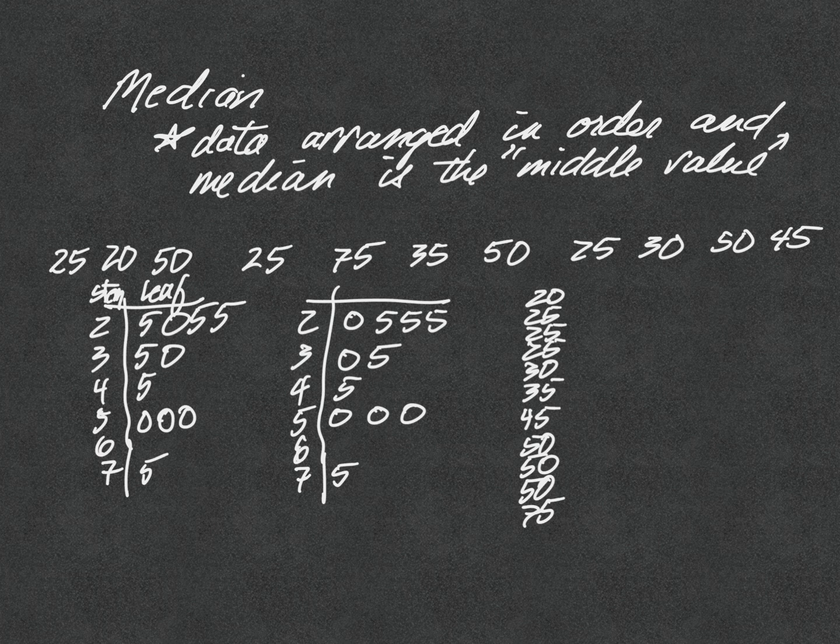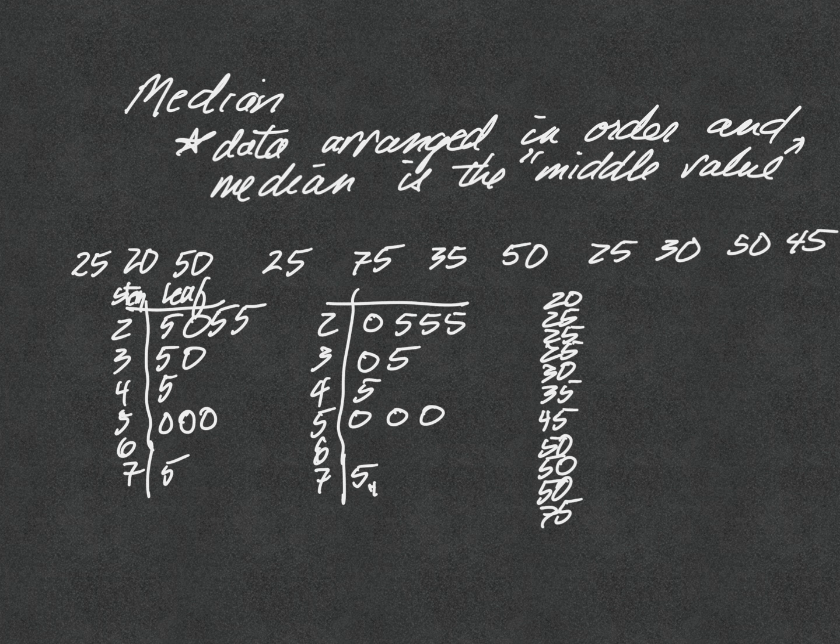Now, if you count these, I have 1, 2, 3, 4, 5, 6, 7, 8, 9, 10, 11 pieces of data. So the median is going to be the one in the middle. Basically I have 11, and I just want to cut that in half, which is about 5.5.